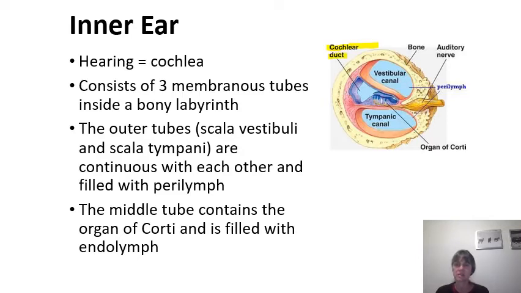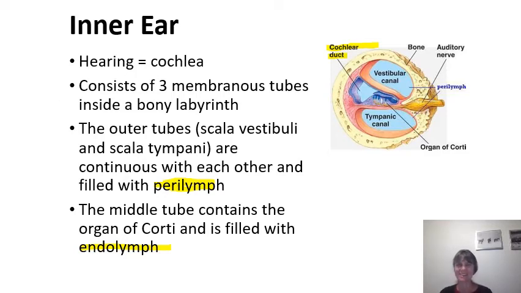And this cochlear duct is filled with fluid called endolymph, because endo means inside, whereas the scala vestibuli, or vestibular canal, and the scala tympani, or tympanic canal, are each filled with fluid known as perilymph. Now, the vestibular canal and tympanic canal will actually communicate with one another at the very apex of the cochlea, which is called the helicotrema.